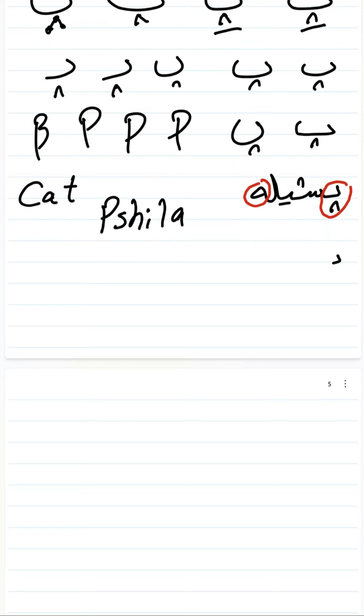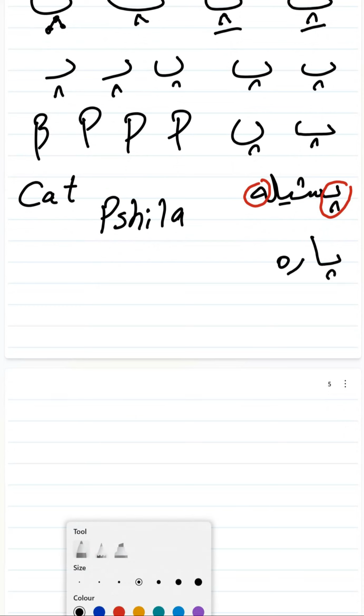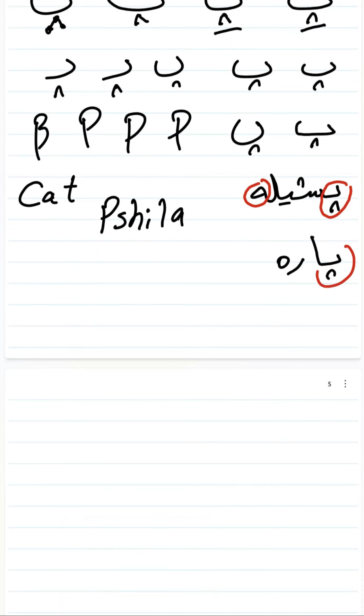Then we have para. Pa-ra. You see, we are making progress. By now, you should know both this and that, and this, in fact. This is our P. This is our R. This is our R. And this is our bizwen.